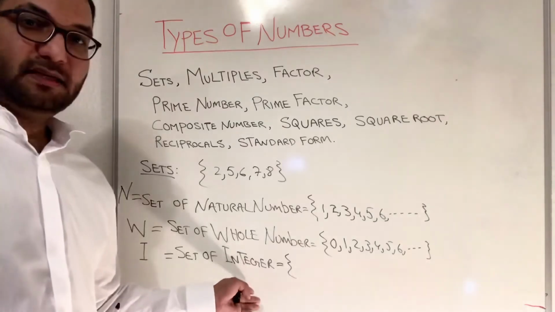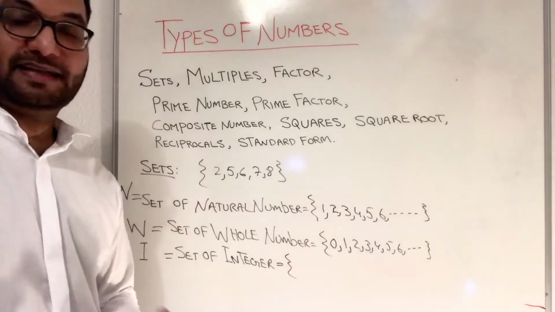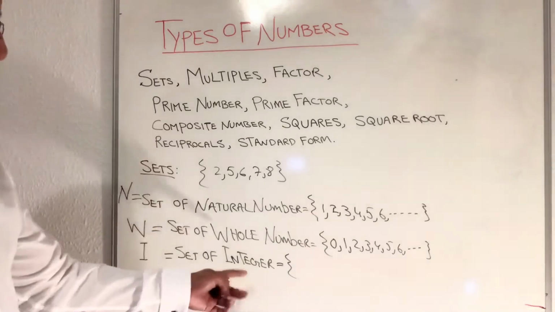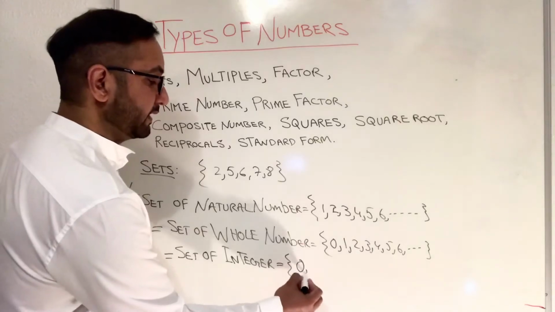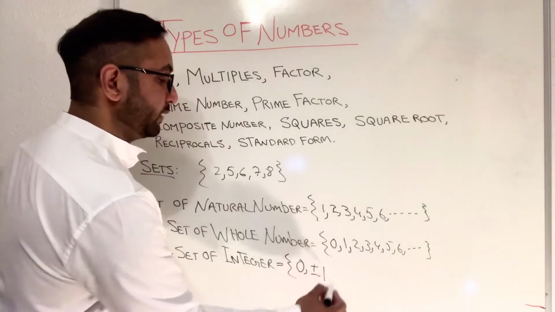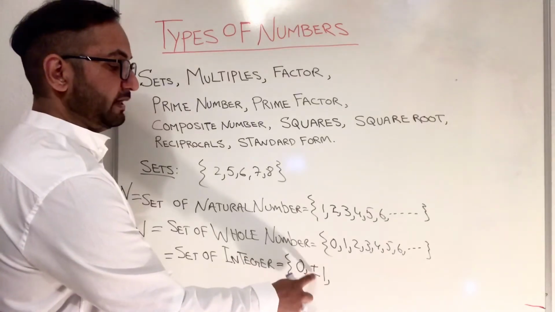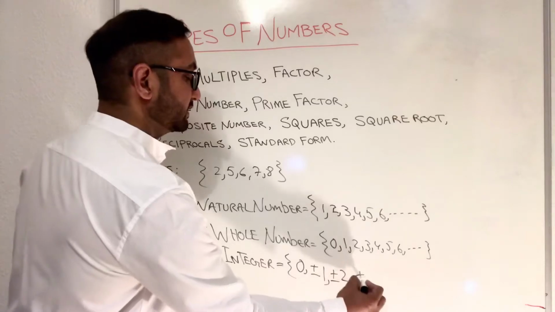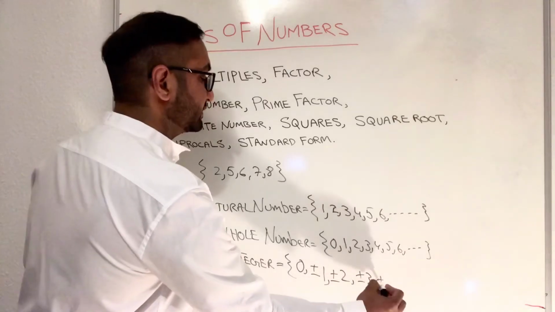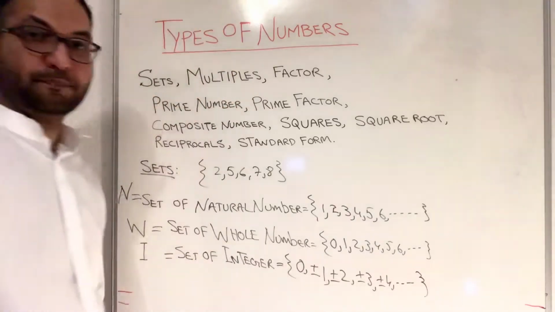If they say select negative integers, then we select negative values. But here, I will write both. They start from 0 and plus or minus 1, a positive and a negative value, the same as plus or minus 2, plus or minus 3, plus or minus 4, up to so on.